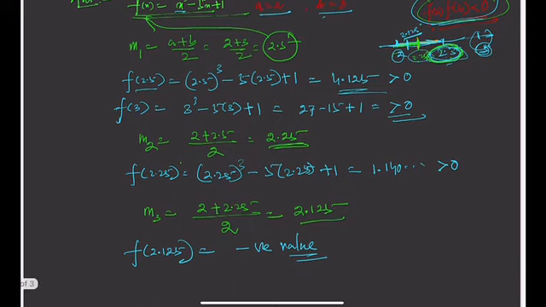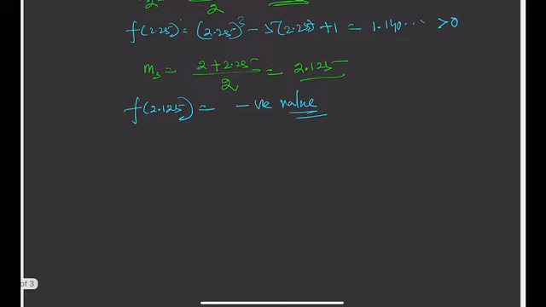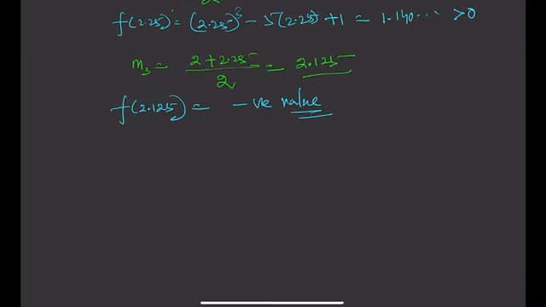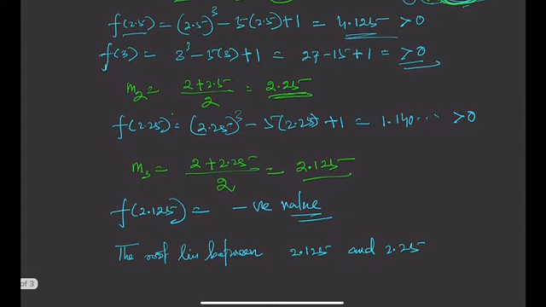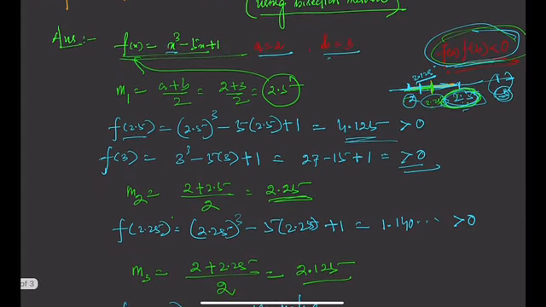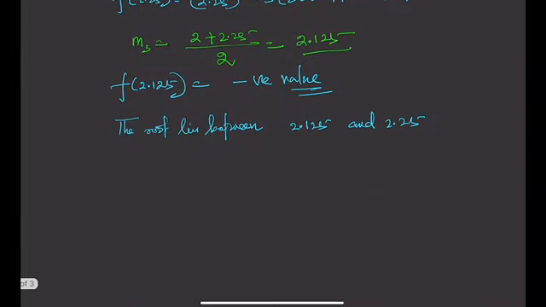So our root lies between 2.125 and 2.25. Okay, you can see here 2.25. So our new a is 2.125 and new b is 2.25.